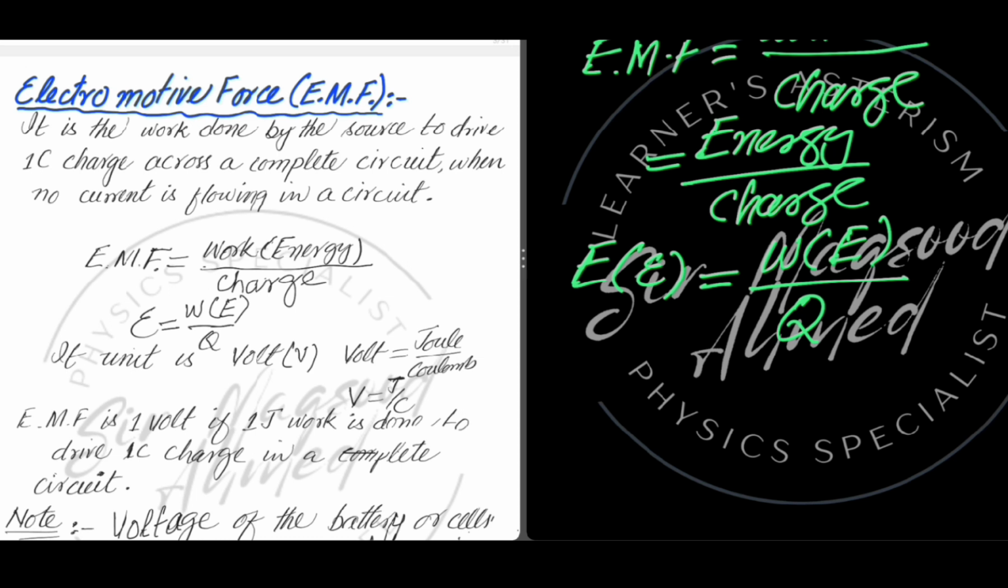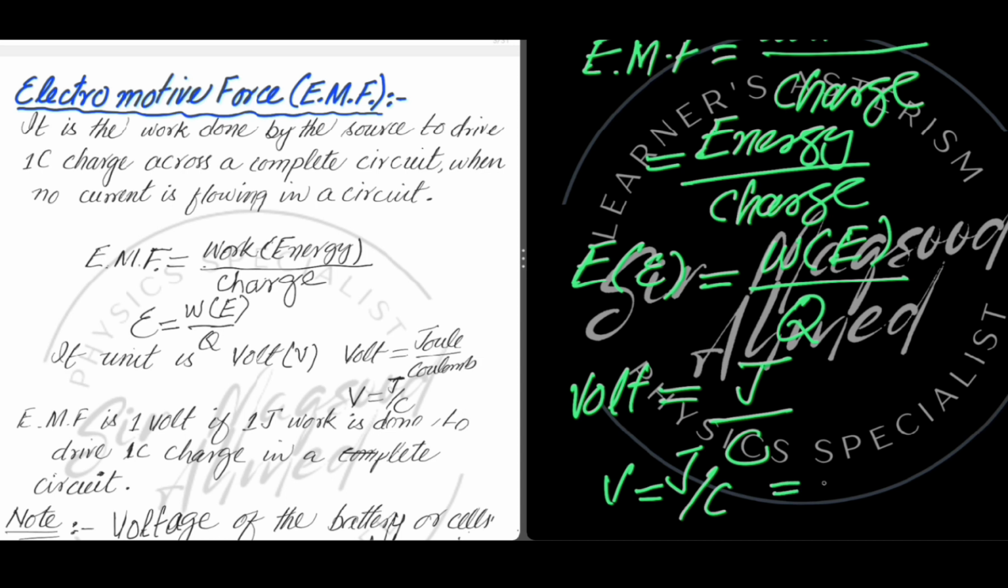The SI unit for E.M.F is volt, and the SI unit for work or energy is joule, and SI unit for charge is coulomb. So volt is equal to joule per coulomb.